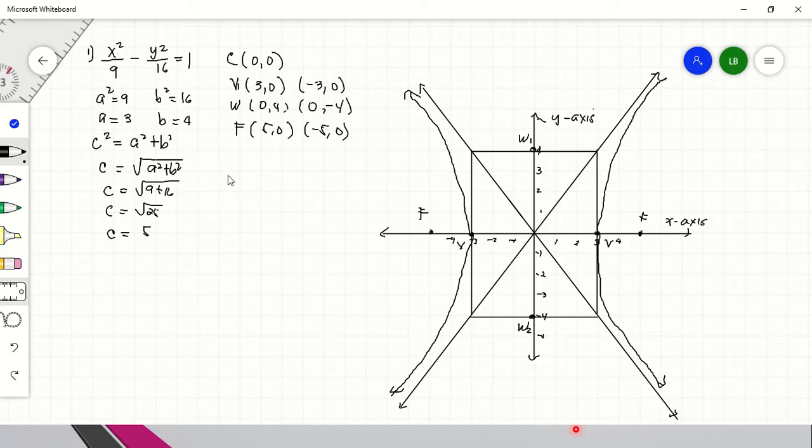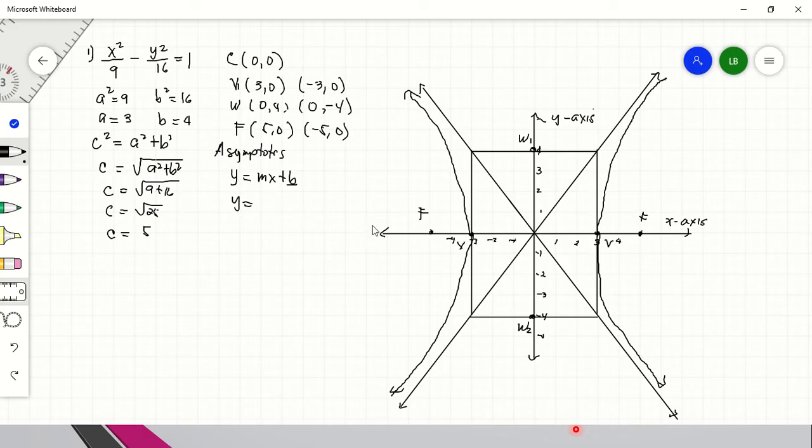Yung equation ng asymptote, equation natin ay, it is a line, so y equals mx plus b yan. So, ang b natin ay 0, so the y-intercept is 0, 0 to. So, natira ay y equals mx plus b.